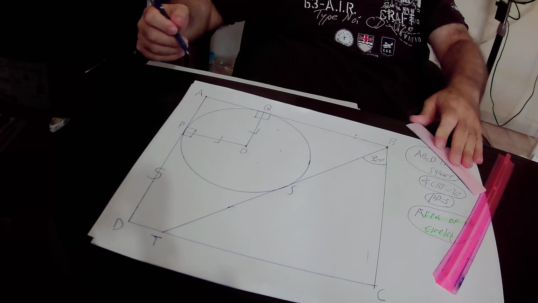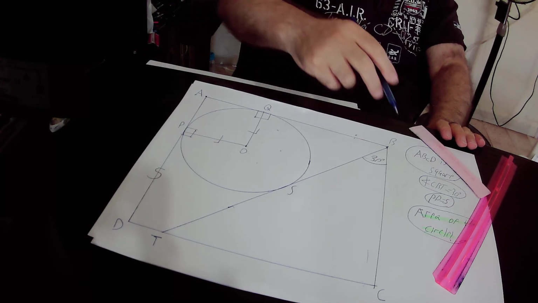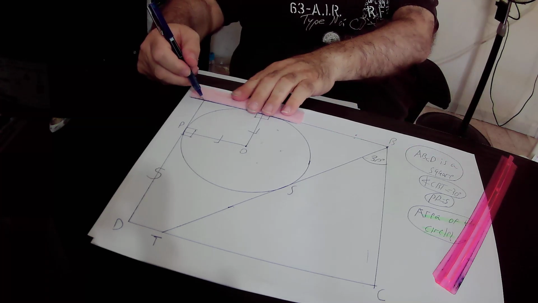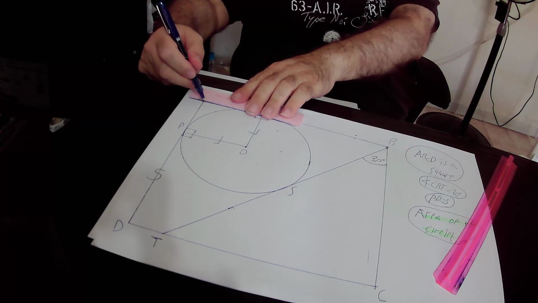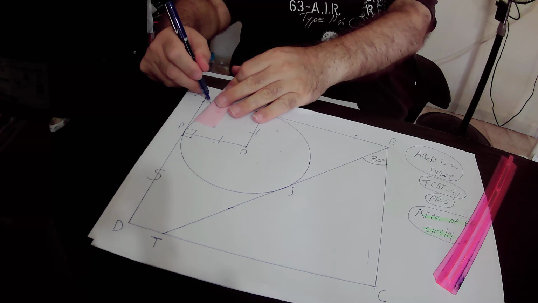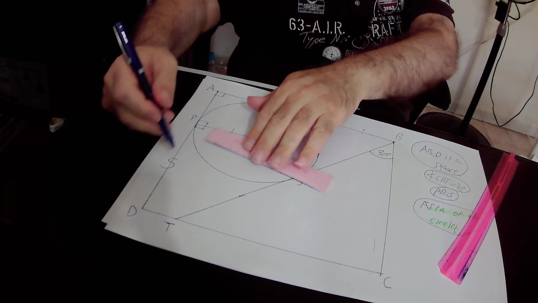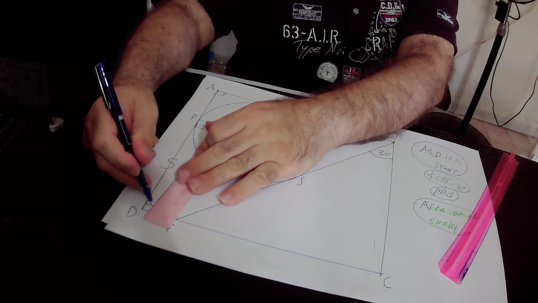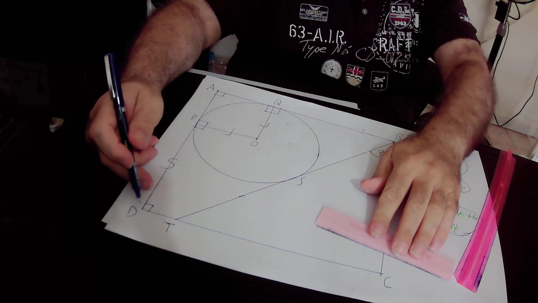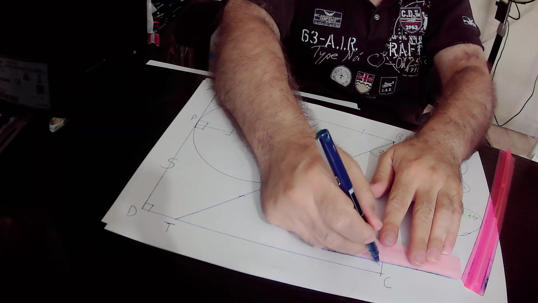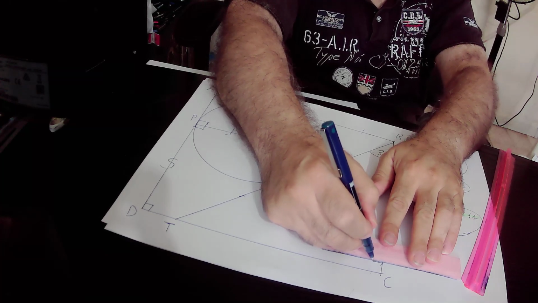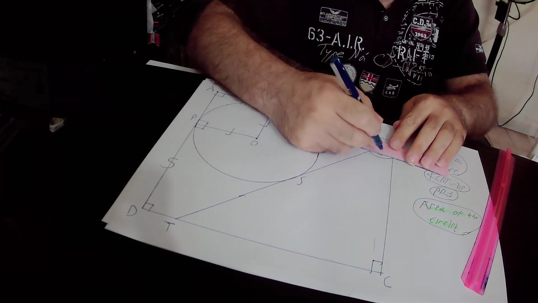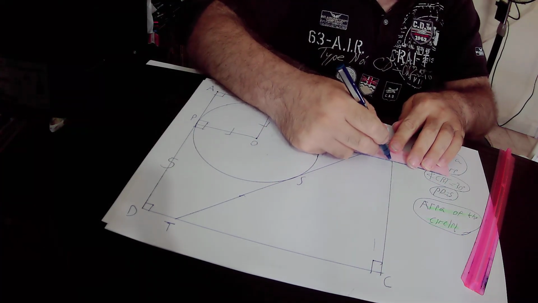We also know that all the angles inside square ABCD are right angles, so this angle equals 90 degrees, this angle equals 90 degrees, this angle also equals 90 degrees, and finally this angle is equal to 90 degrees.